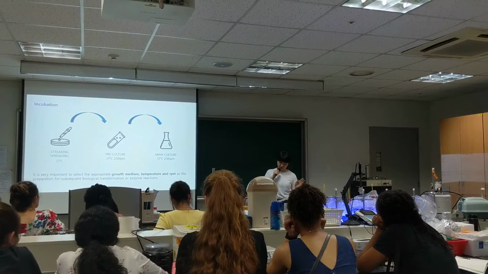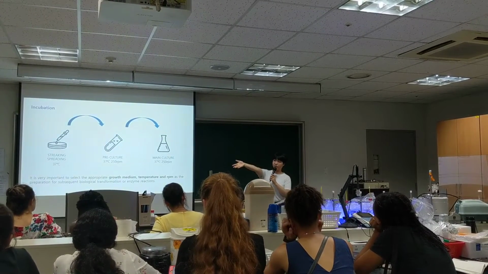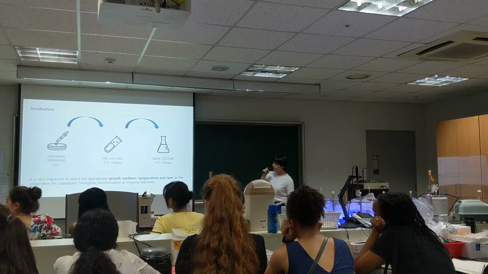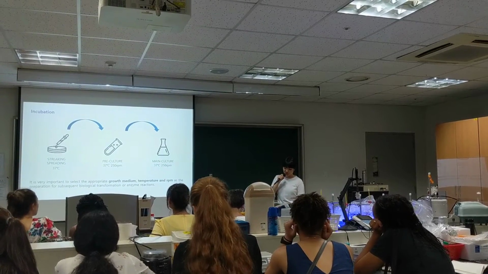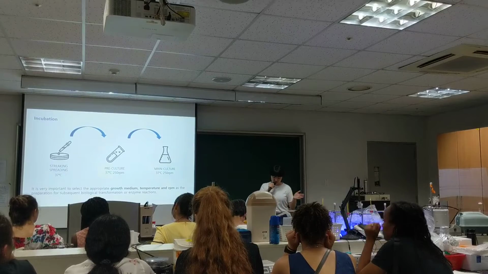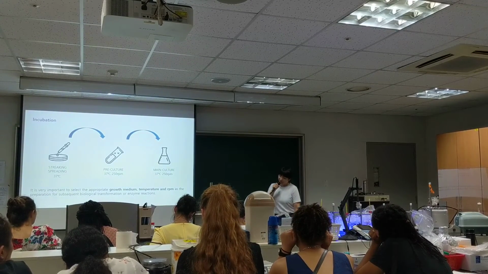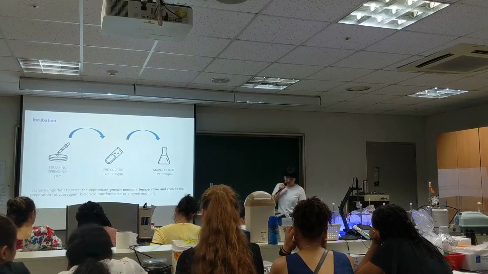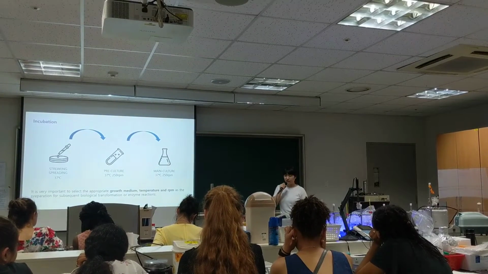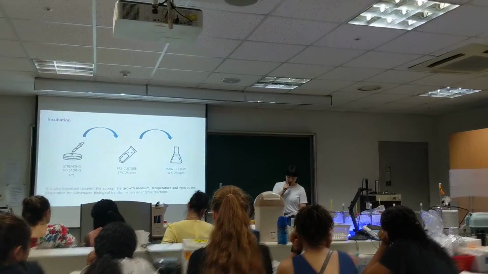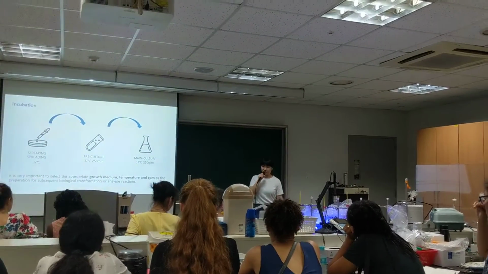All of this should be done in the clean bench over there. It is very important to select suitable growth medium, temperature, and RPM as preparation for subsequent biotransformation or enzyme reaction. Next part is biotransformation.